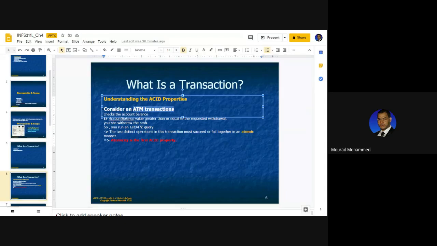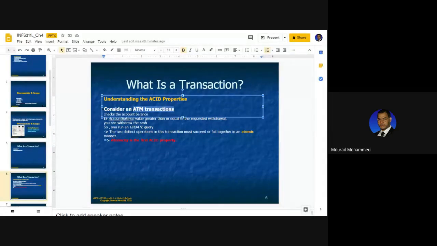So what's the solution here? There has to be a scenario to make the machine not give him the money unless the totality of the tasks is done, which is to identify the user, to recognize the account and the balance, whatever the amount he asks for, to confirm the update, and to give the money. All of those tasks have either to be done altogether or to fail altogether.